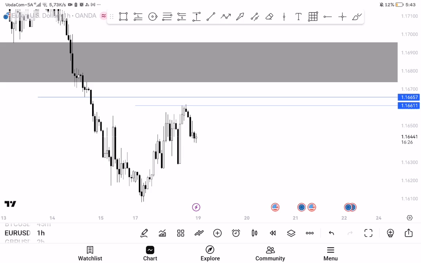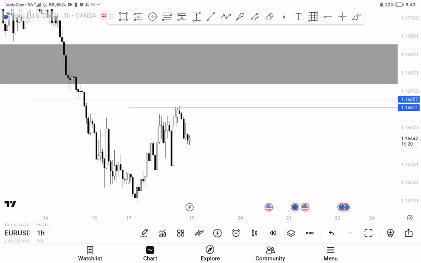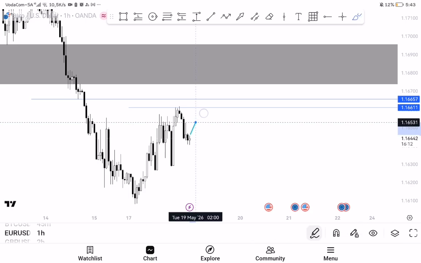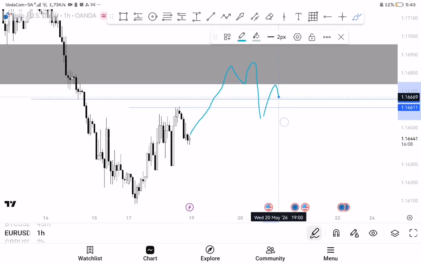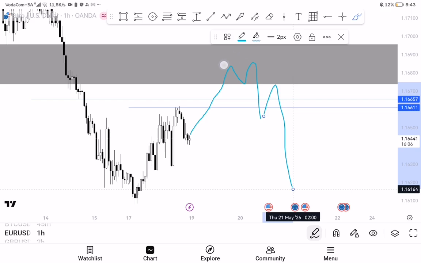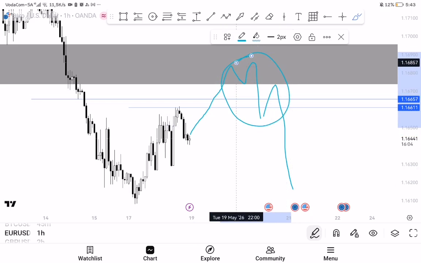So price is likely to continue with the buy. It's likely, I'm not saying it's going to. So price is likely to just continue going there, maybe doing something like this. I want to see this. For me, this is my indication to sell.